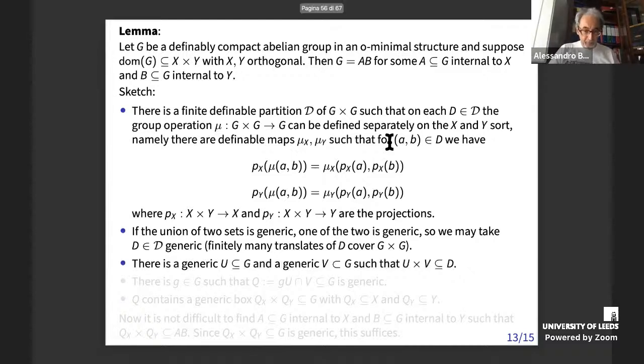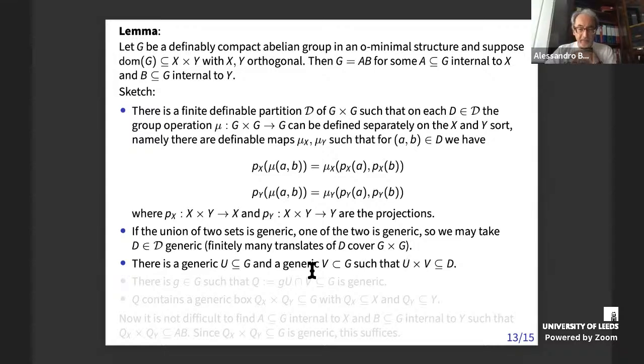So take a generic subset D. This is a generic subset of G times G. But then you can easily show, using the properties of generic sets, that there are two generic sets U and V in G, rather than G times G, such that U times V is contained in D. So each generic set in G times G contains a product of generic sets in G.